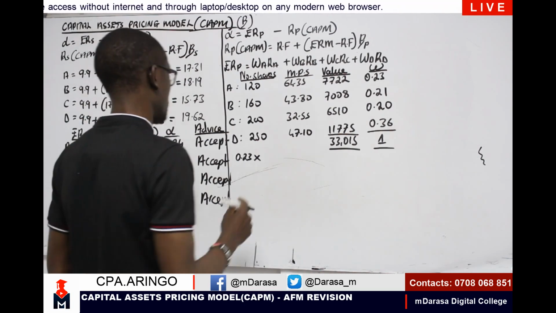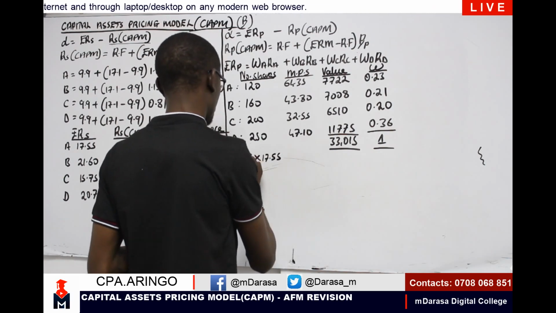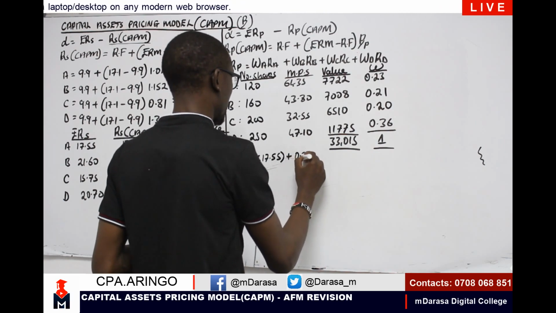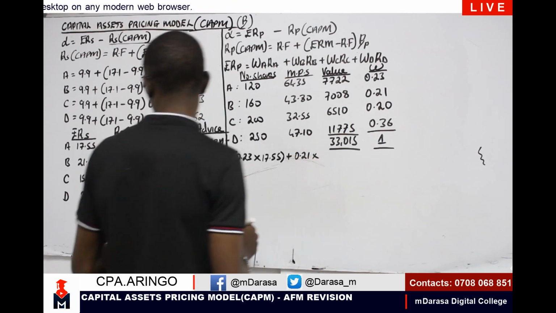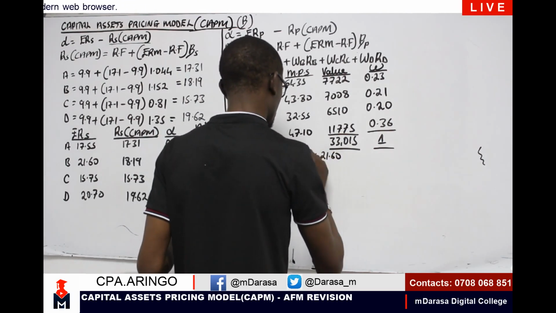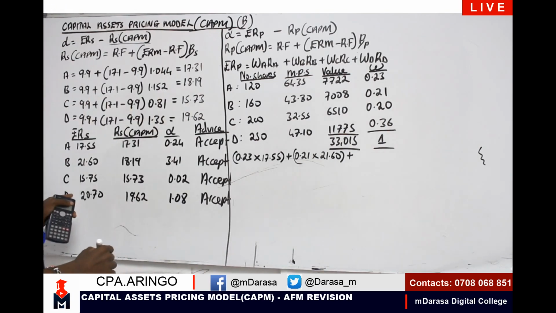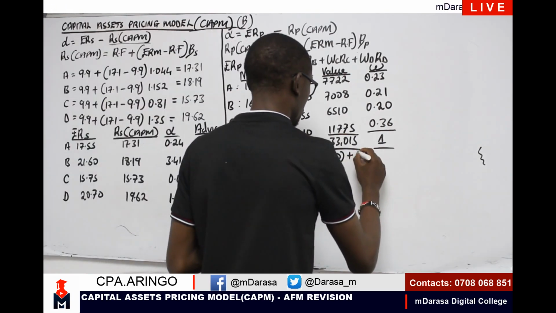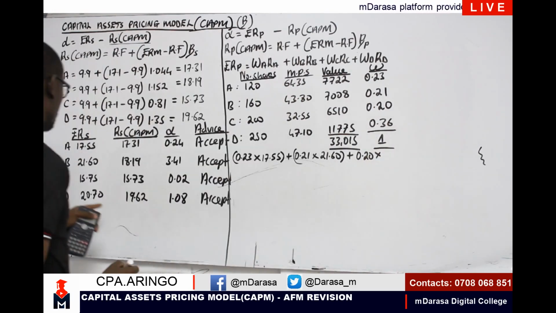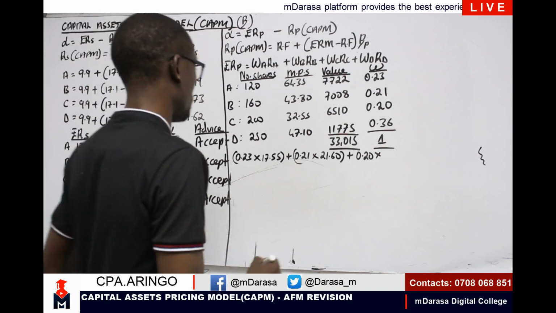That would be easy, which ideally I'll just pick what we had here. So this should give us 17.55. We add 0.21 times 21.60. Of course, we are going to add 0.20, the weight, multiplied by this return, which was 15.75.